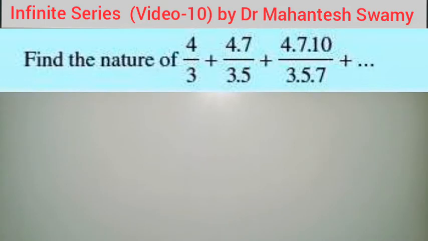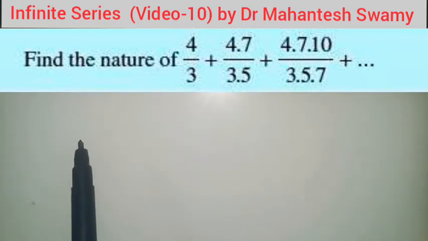Consider the second example. Here we have to find the nature of the series 4 by 3 plus 4 into 7 by 3 into 5, plus 4 into 7 into 10 divided by 3 into 5 into 7 plus and so on. What we are observing is that the factors in the numerator are increasing.